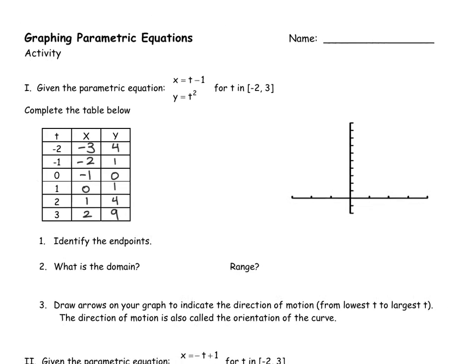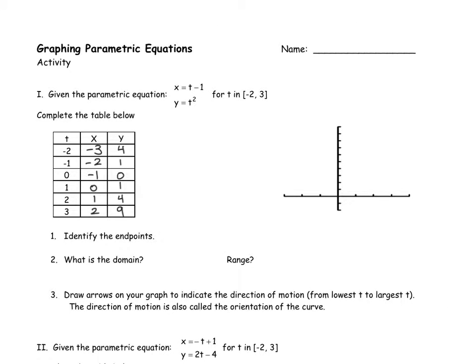Now I need to sketch this. So remember, I need to sketch the x's and the y's. I take the x and the corresponding y as a point. So -3, 4.